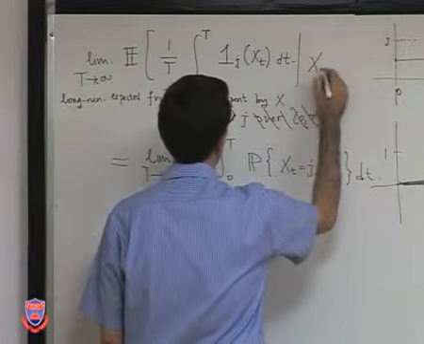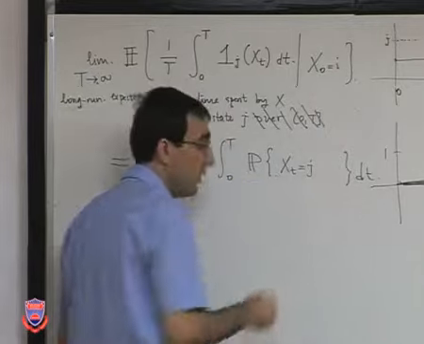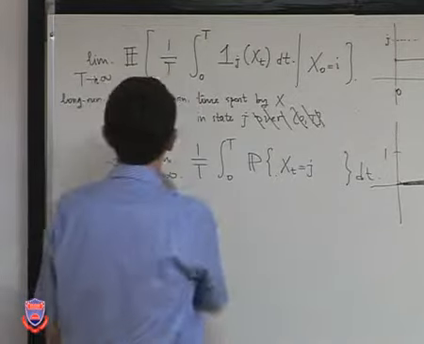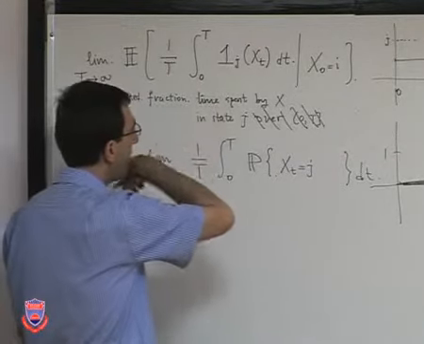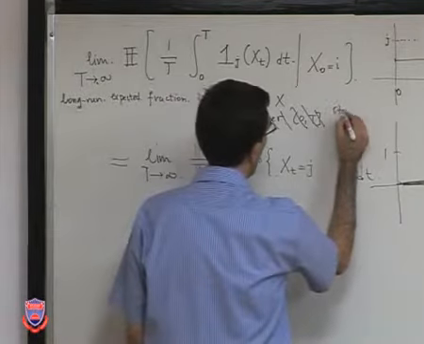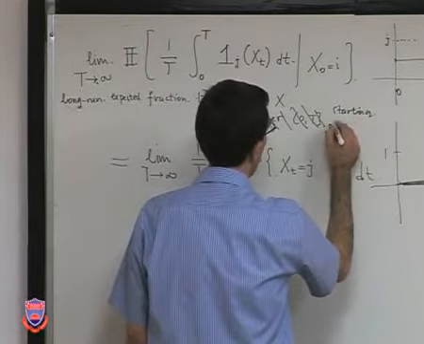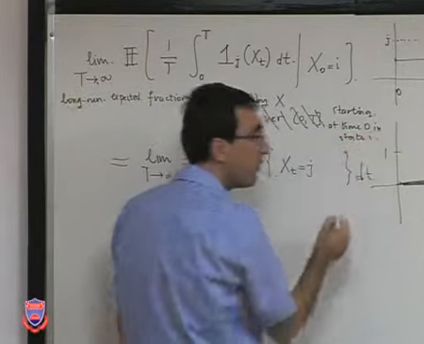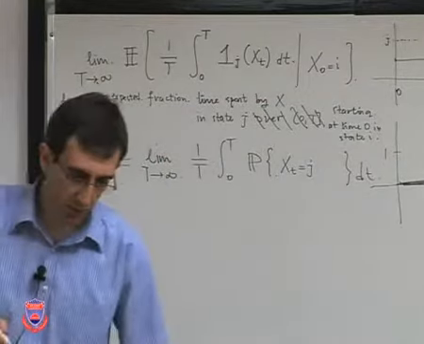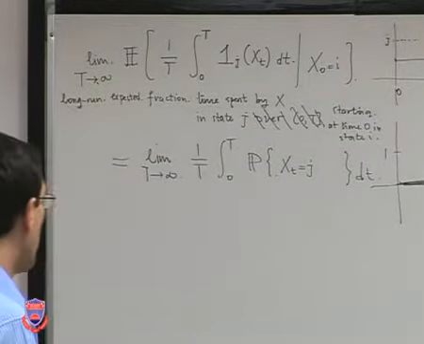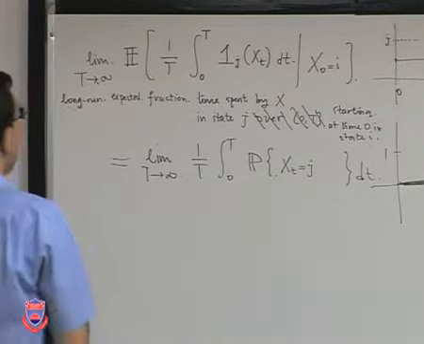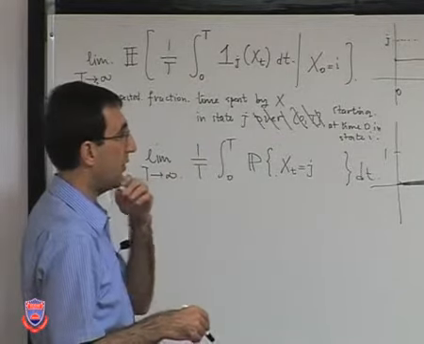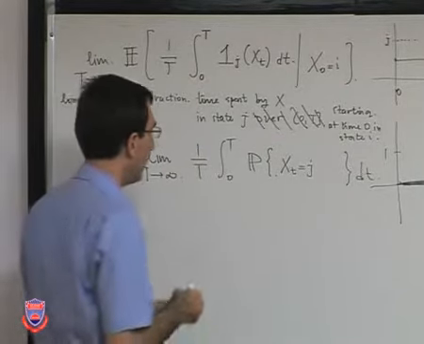And we may have actually been provided more information. For example, we may have been told that initially the chain starts in state I, and that can also happen, right? So then this is the long run expected fraction of time spent by X in state J starting at time 0 in state I, which we know will not play any role if the limiting probabilities exist and do not depend on I, which is always the case if you have an irreducible chain, namely all states communicate with each other.